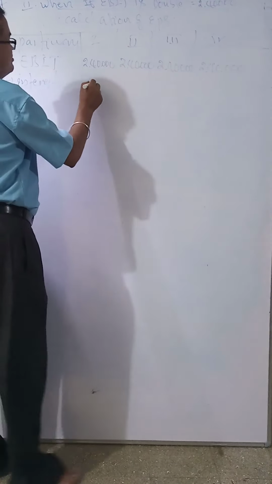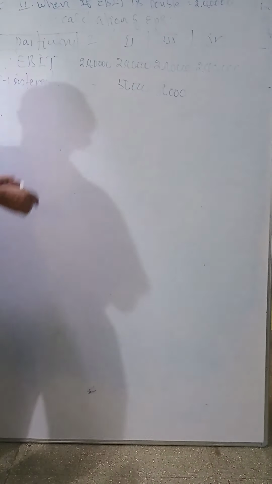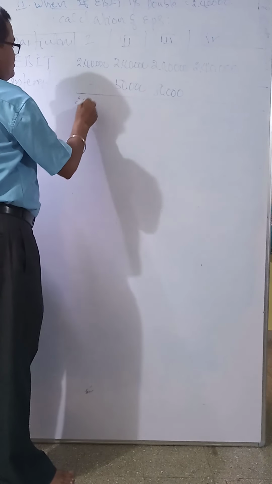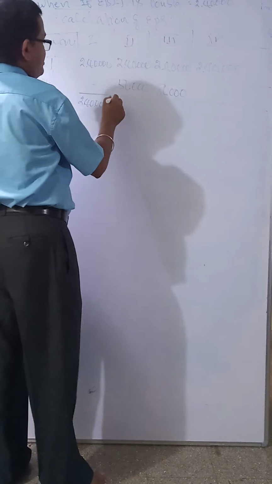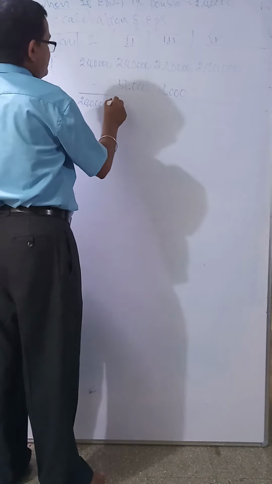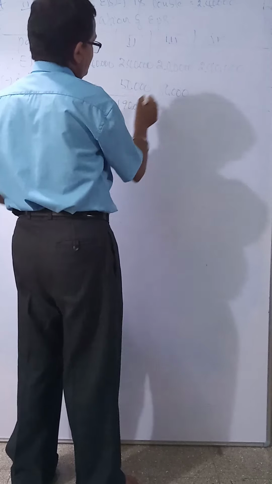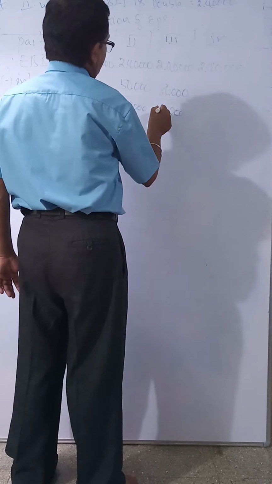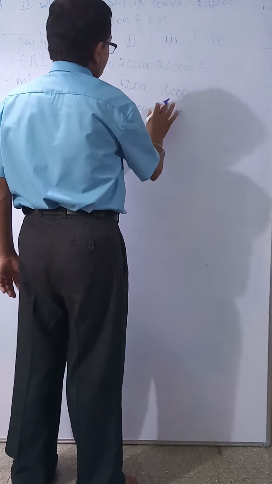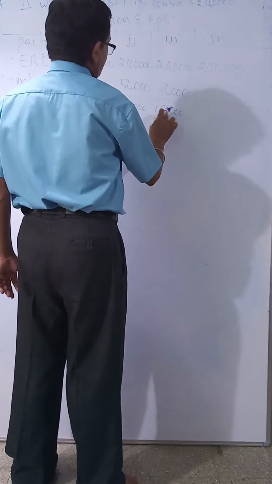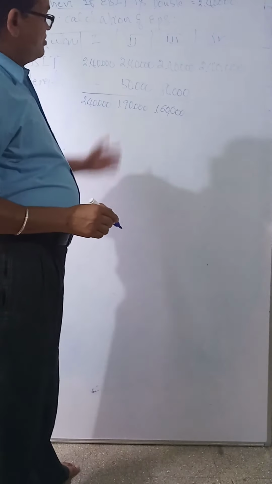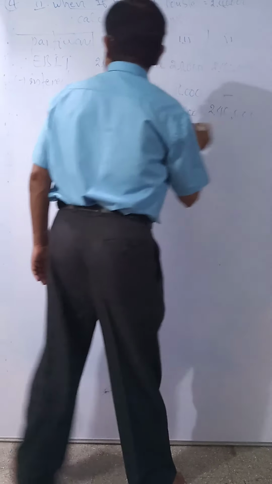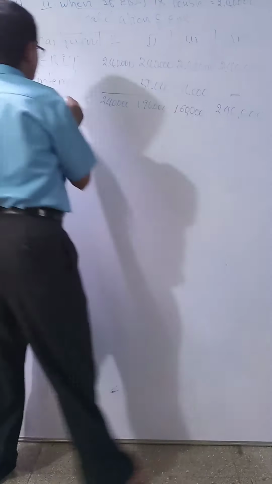Last problem, interest is the same. We deduct from 2,40,000, so 1,90,000, and 1,60,000, 1,60,000, then 2,40,000, the same amount. This is called EBT, earning before tax.